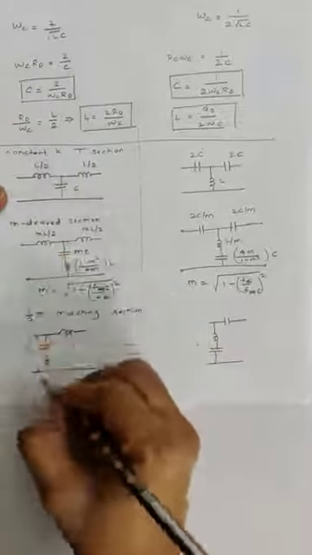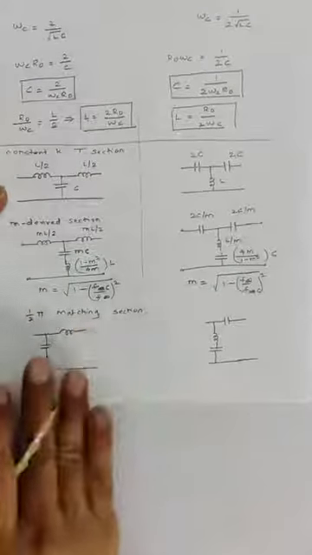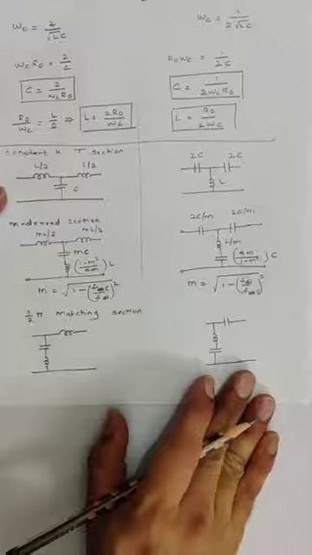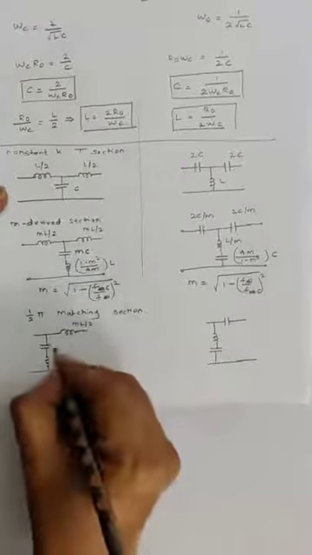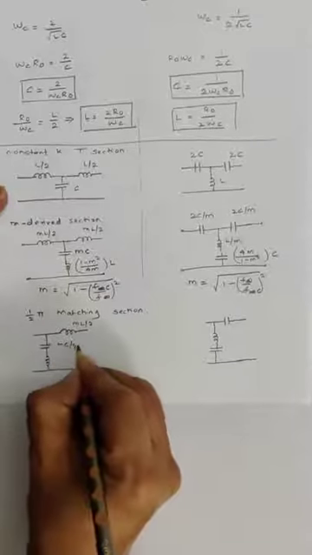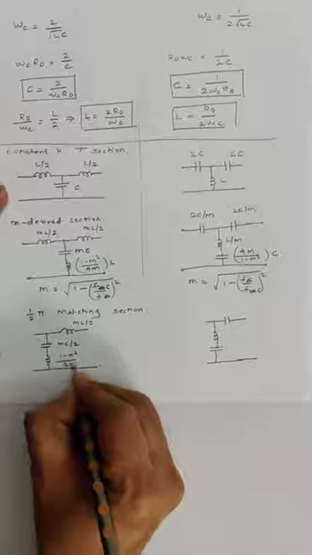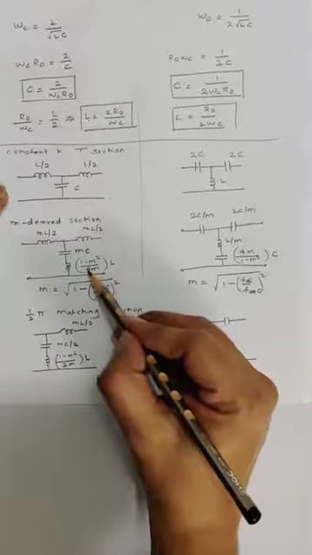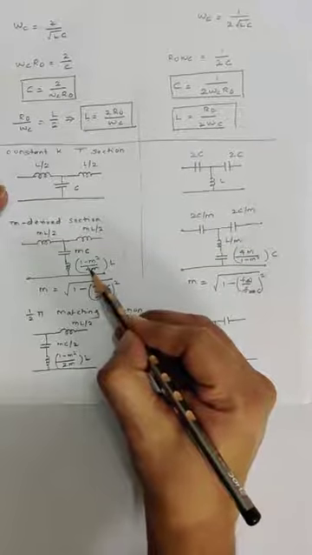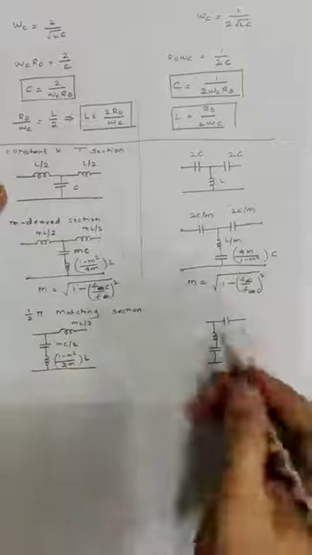So I have copied this part over here and this part over here for the pi by 2 matching section. This one is for the low pass filter and this one is for the high pass filter. So the values will be ML by 2, here it will be MC by 2, and here it will be (1 minus M square) divided by 2M into L. Now one can memorize it like this: this 4 you can split as 2 into 2, so one 2 will go over here and another 2 will go over here.